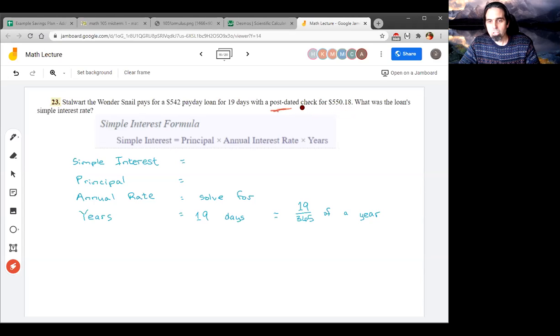He puts the date on the check, not today, but 19 days in the future. And that means that he doesn't have to come back to this business, right? Social distancing, he doesn't want to drive here again. So he's just going to leave this post-dated check, and 19 days from now, the check will be valid because it will have the right date, and the payday loan store can deposit it and their business deal is done. So that's what a post-dated check is, if you haven't heard about those.